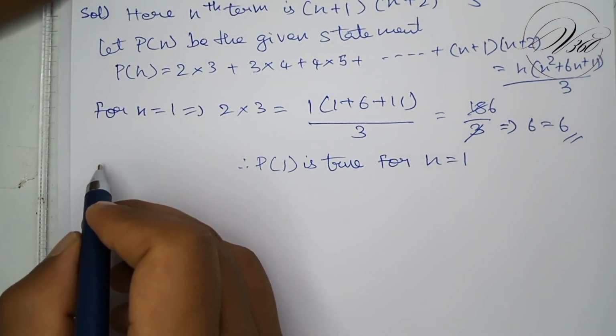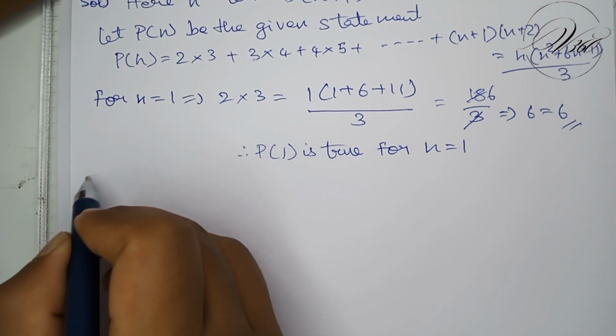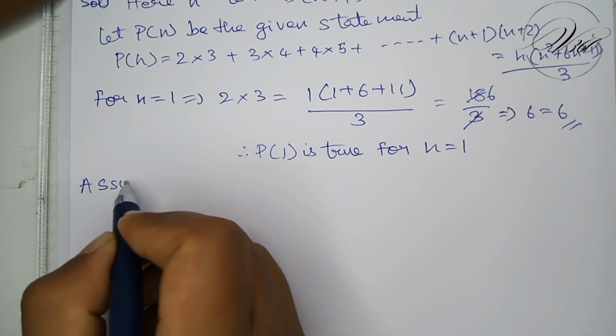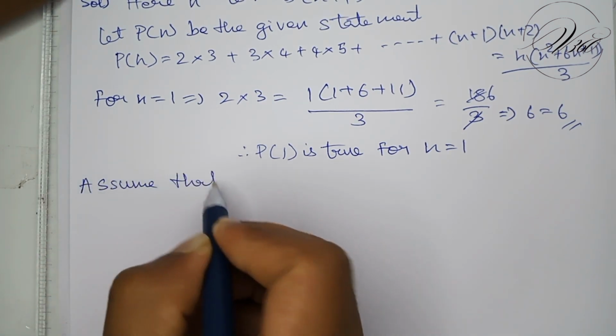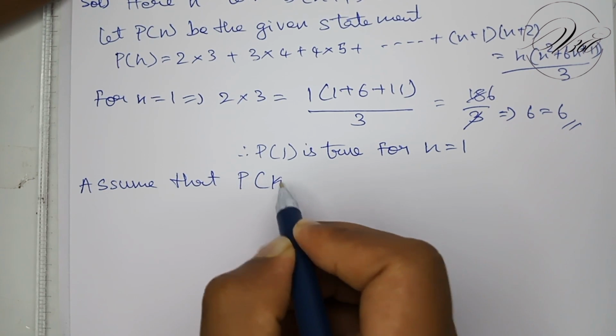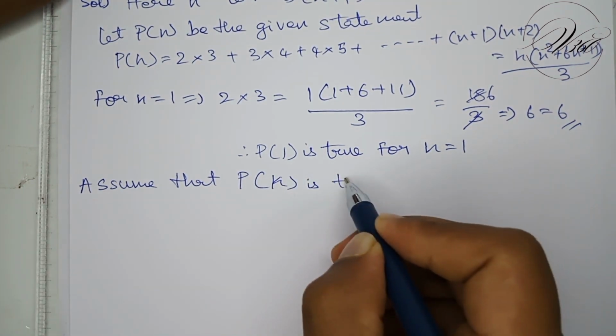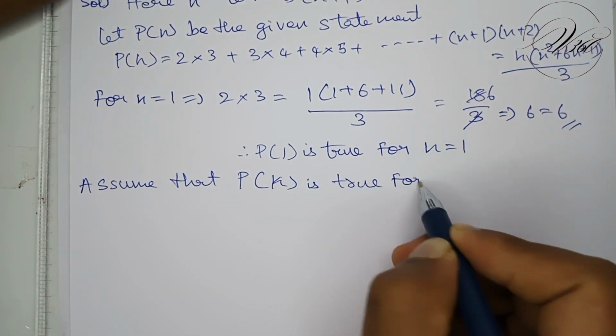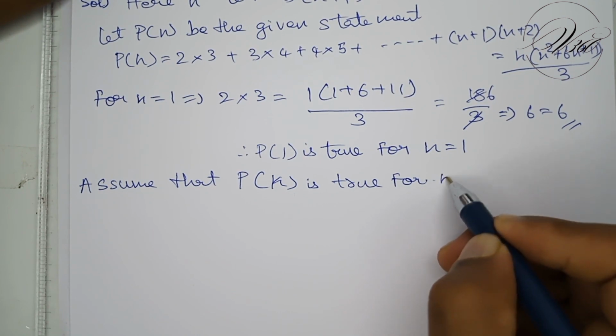Then we'll assume that P of k is true for n equal to k.